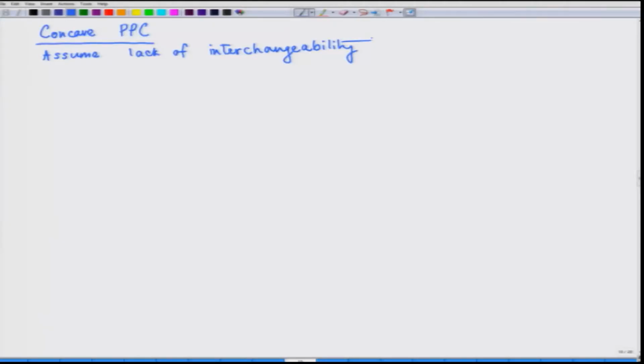So, we are going to concentrate on the cases where we can obtain a straight line PPF or a concave to origin PPF. So, it is not that easy to transfer the resource from production of X to production of Y. In that case, we get concave PPC. So, we can comment like this.